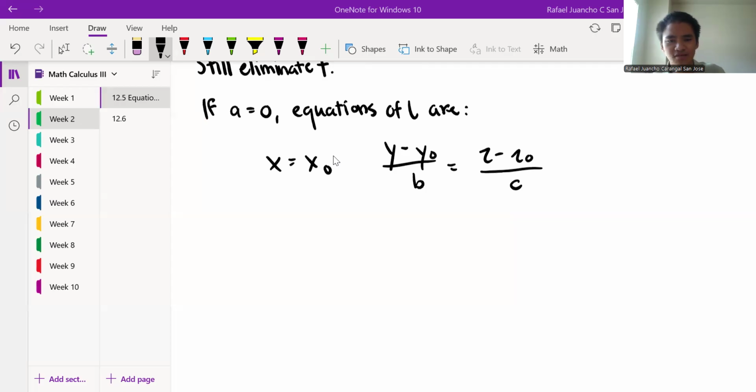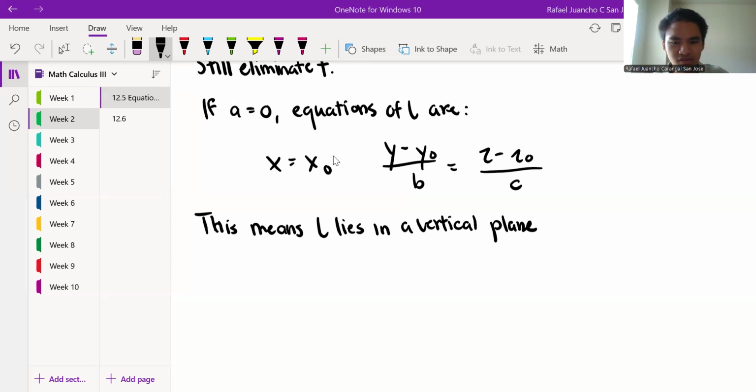And what does that entail? So this means L lies in the vertical plane, a plane that's x equals x naught.